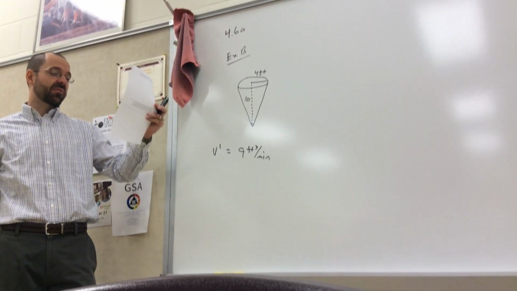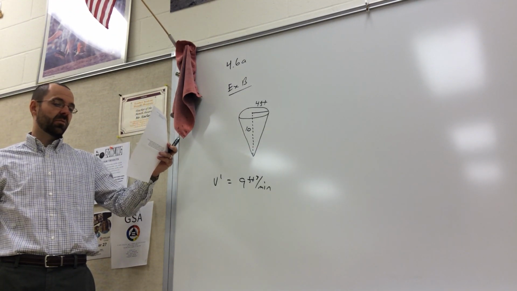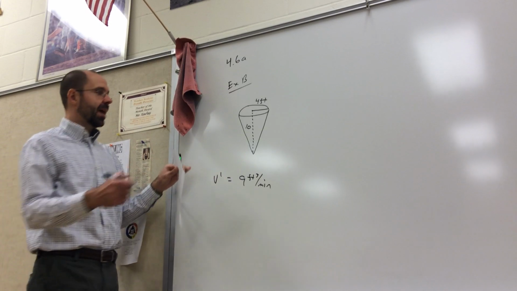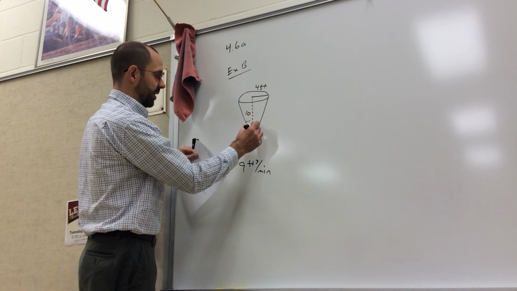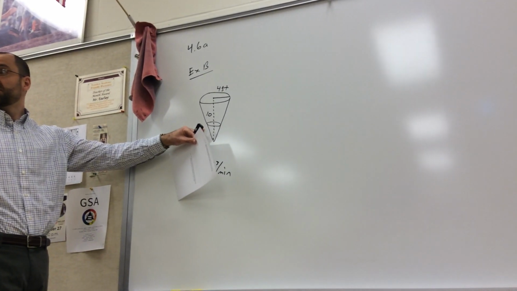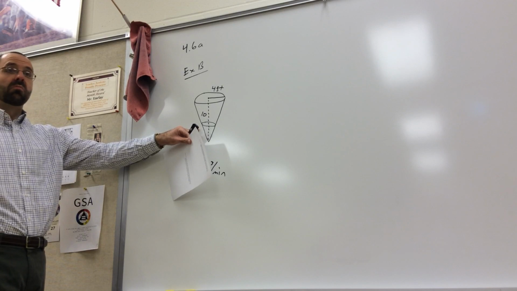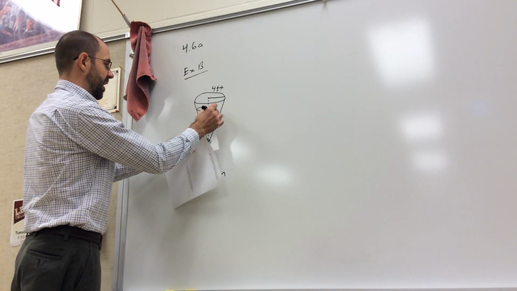Okay, and then it wants to know how fast is the level of the water rising when the water is 5 feet deep. So what happens is some water flows in, and maybe it fills to this height. And so there's some water sitting in the bottom there. But then later, more water flows in, and so maybe water is filled now to that height.